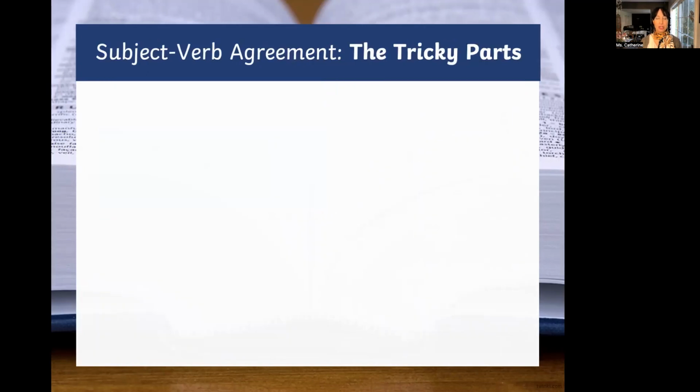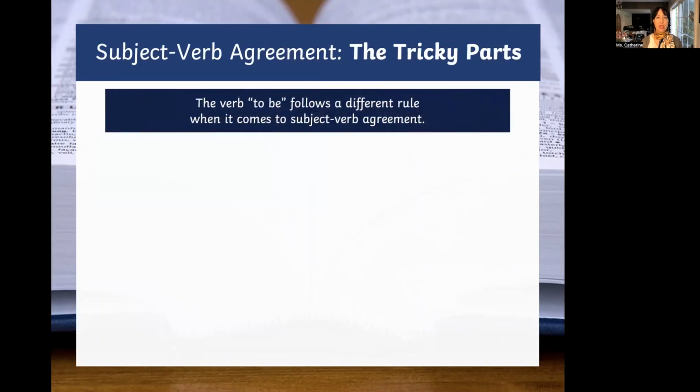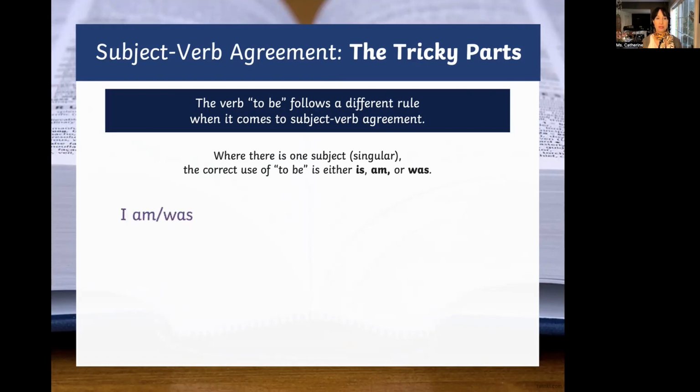All right, now here are the tricky parts. The verb to be follows a different rule when it comes to subject-verb agreements. When there's one subject, singular, the correct use of to be is either is, am, or was.